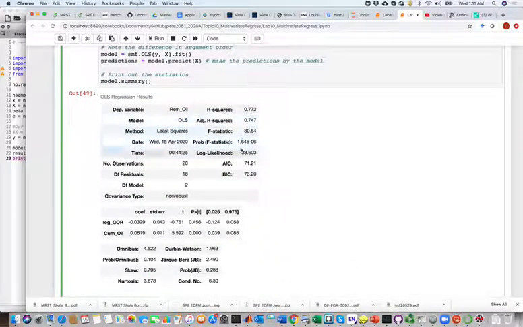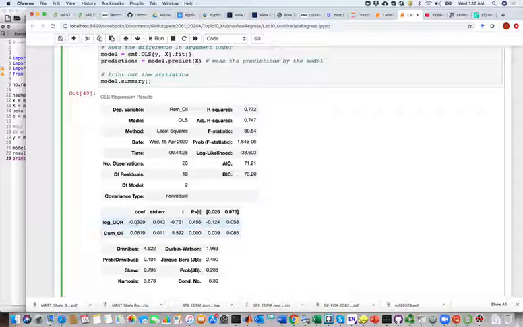And this is what you get. R squared value increases, but adjusted R squared is still worse. Before it was 75.3, if my memory is any good. And so it's still worse than the bivariate linear model. P-values are here. This is not adding much value. It needs to be less than 5%.